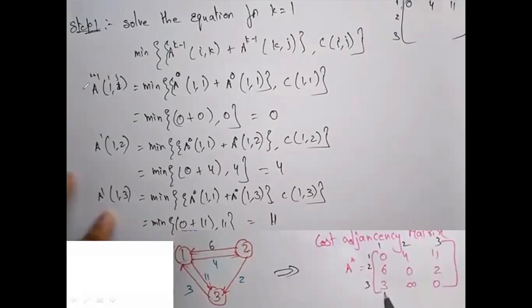So here k equals 1. Initially k equals 1. So minimum of A power k minus 1, that is 1 minus 1, 0, of (i, k), here i is 1 and k is 1, so (1,1), plus A power 0 of (k, j), that is (1,1), and C of (1,1). Here i is the row value and j is the column value. Where do we have to collect these values from?